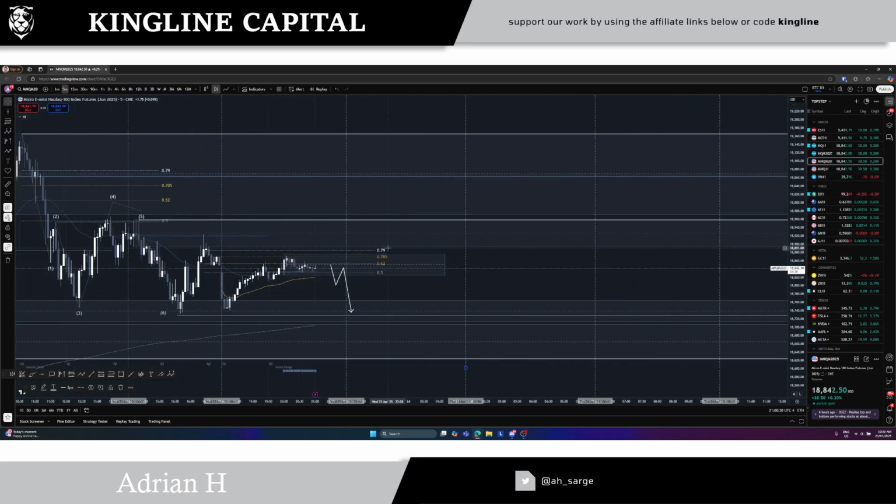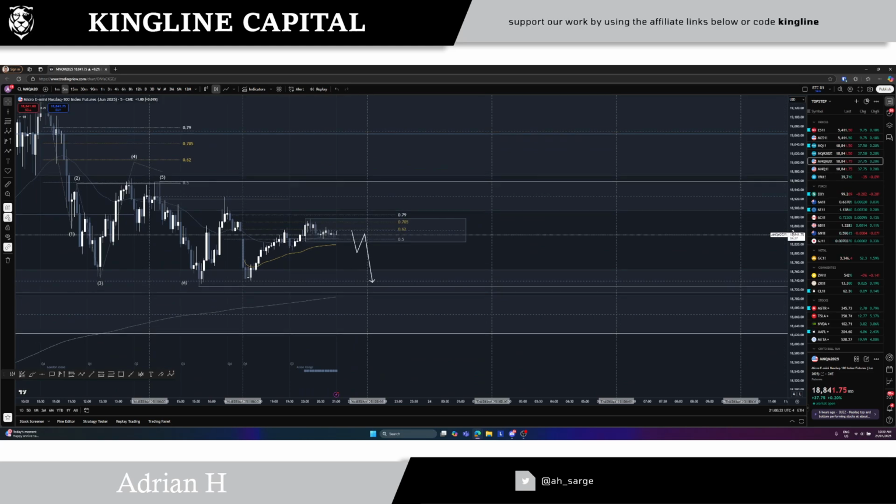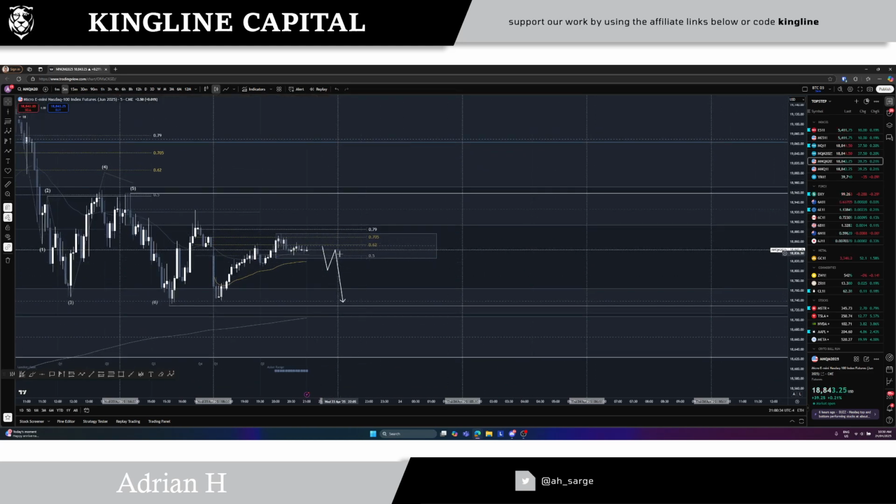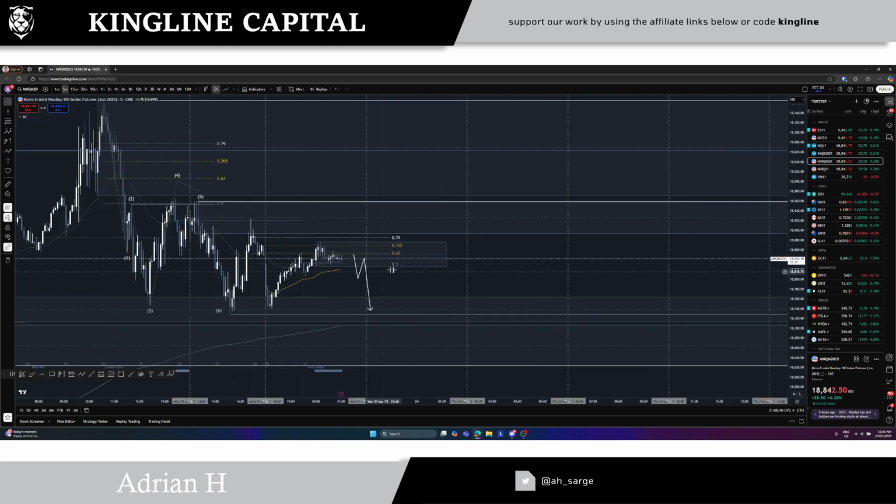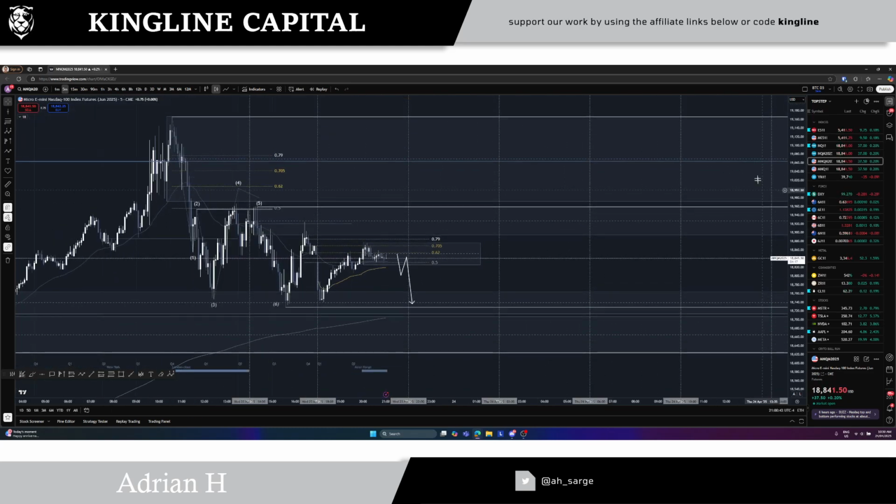So if looking for bearish 4 hours, we want those open high, low closes. And vice versa for bullish.